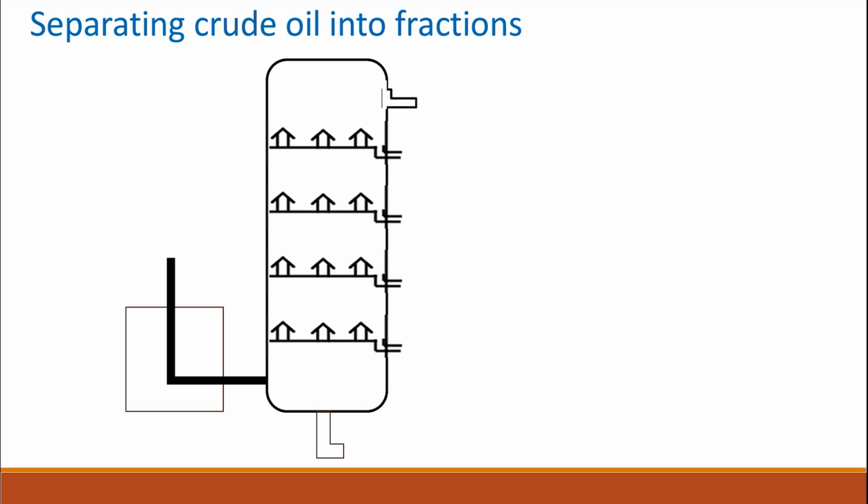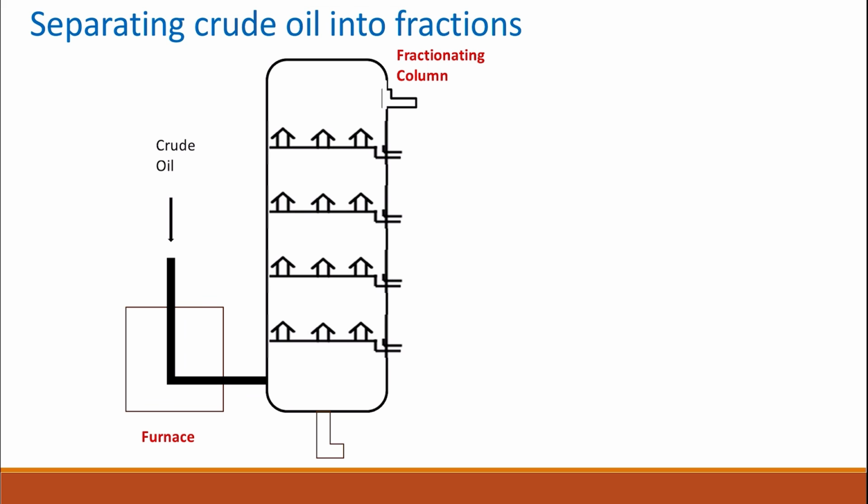Crude oil contains a mixture of many different hydrocarbons, and they have to be separated before the hydrocarbons can actually be used. We cannot use the crude oil as it is. To do this, we use the fractional distillation of crude oil. In fractional distillation, we use a furnace and a fractionating column.